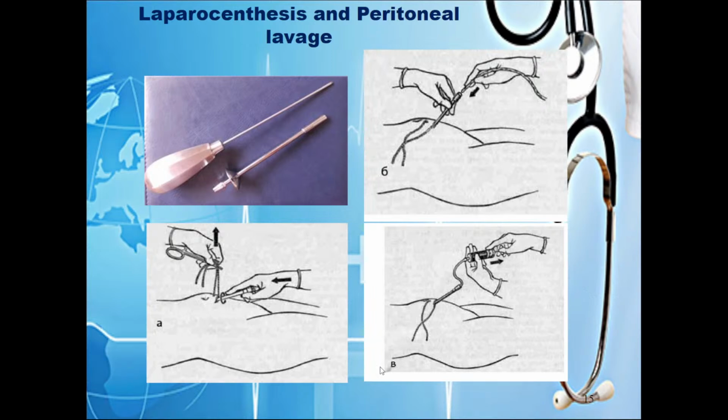The first is to the liver, the second is to the spleen, the third is into the right, the fourth into the left inguinal space. And the last one, the catheter should be directed to the urinary bladder or to the pelvic region.